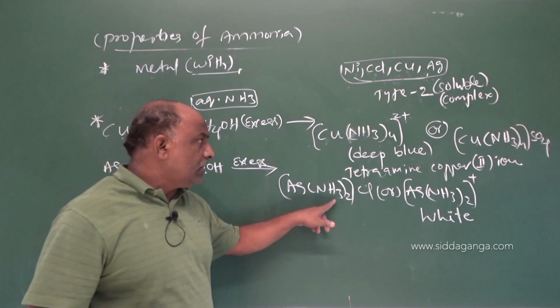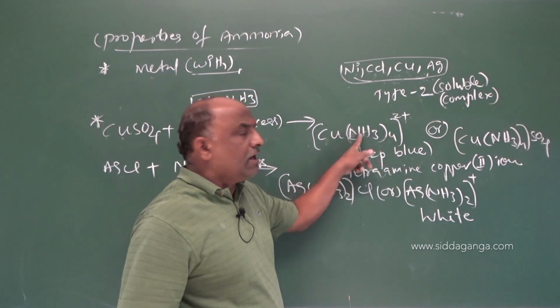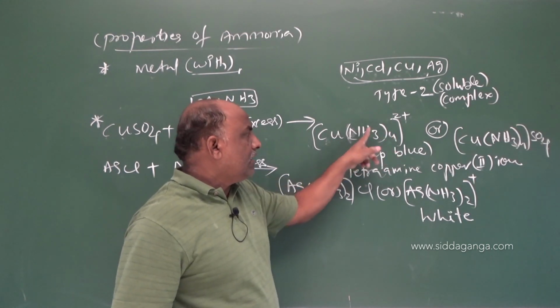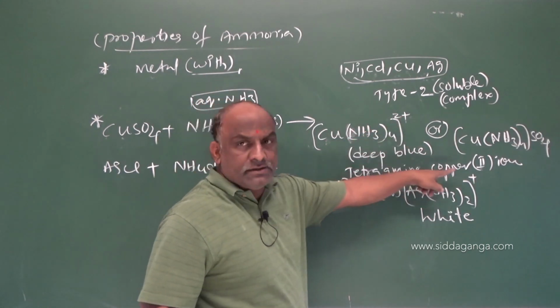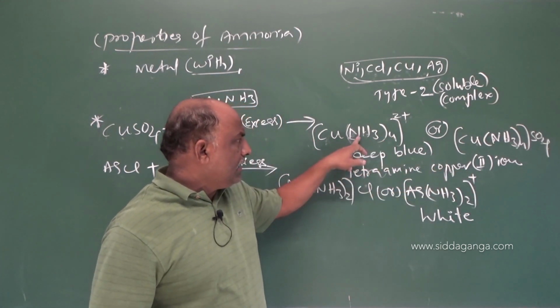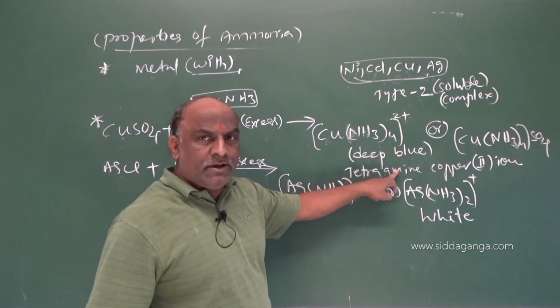So this compound is called, see this reaction, tetraamine copper 2 ion. See this compound name, 4 is tetra, NH3 is amine, tetraamine.